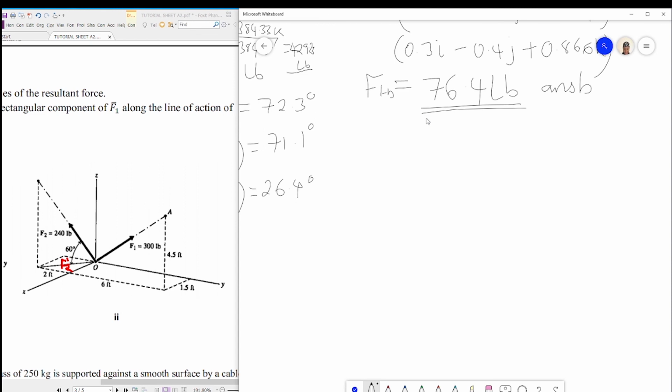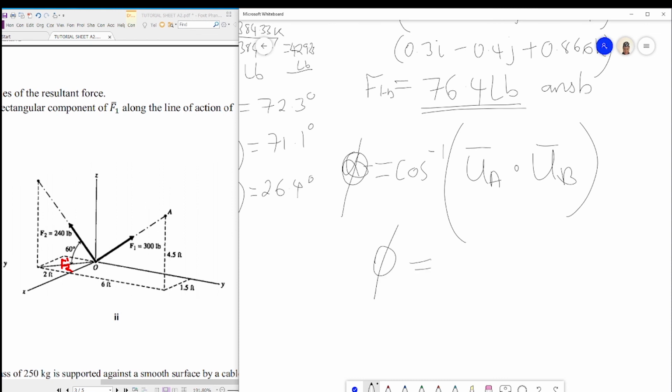Again, it is not a big problem, because your phi in this case is equal to cos inverse of the dot product of the unit vector in the direction of A dot the unit vector in the direction of B. I will not solve it, but your phi should come out to be 75.3 degrees. That's it. Thank you.